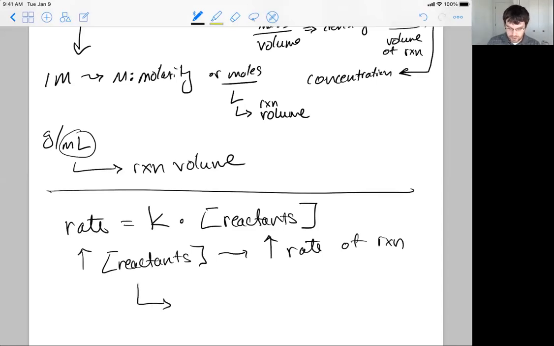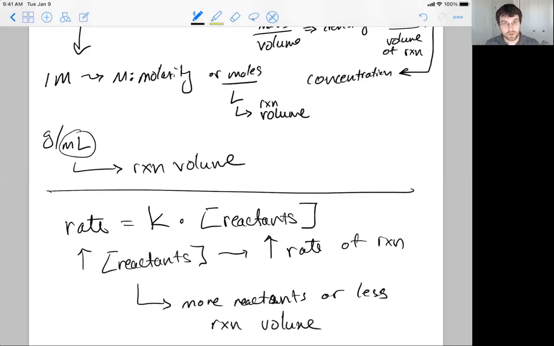Some ways that you could increase the rate are to add more reactants or use less reaction volume. You could add more of one of your reactants, or you could add less solvent, because solvent will just increase the volume and thereby decrease the concentration of everything. Well, here's the kicker.